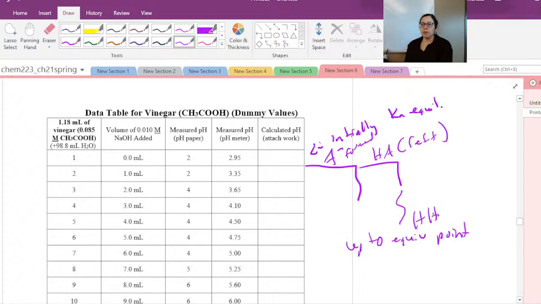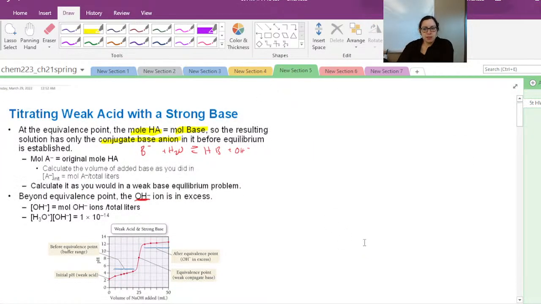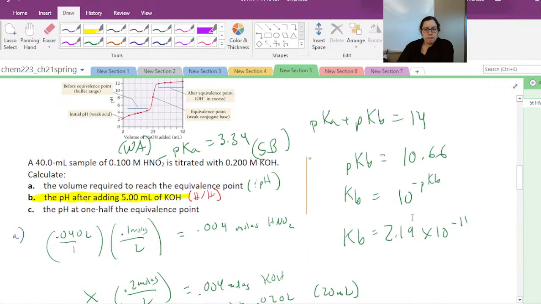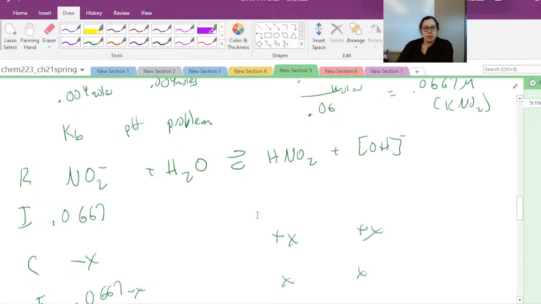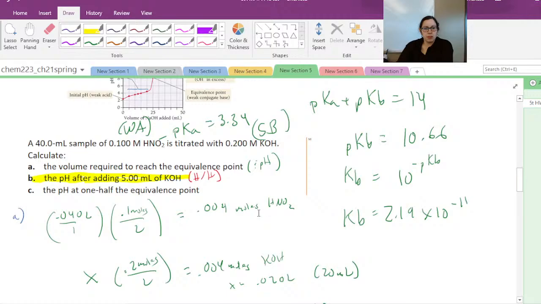So don't forget that. Then you have to treat it like we did over here, as a Kb problem. So then taking the acetate at the equivalence point. Makes sense?